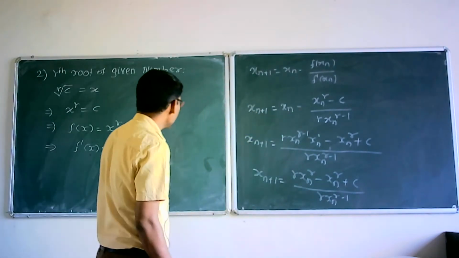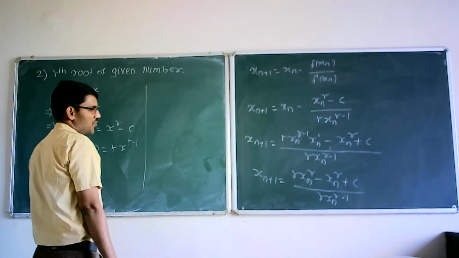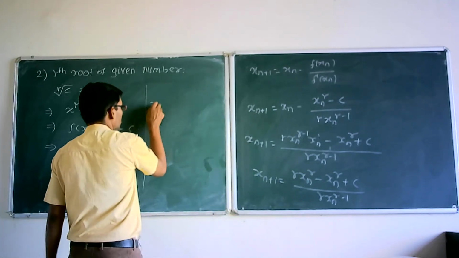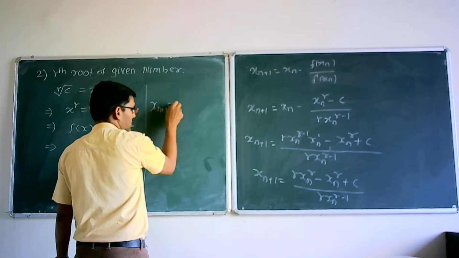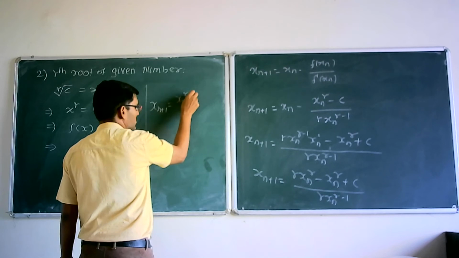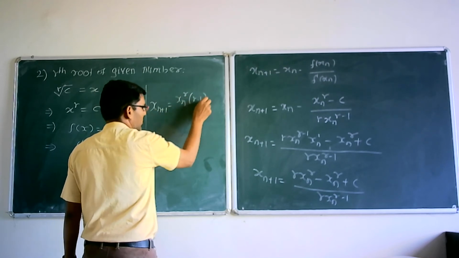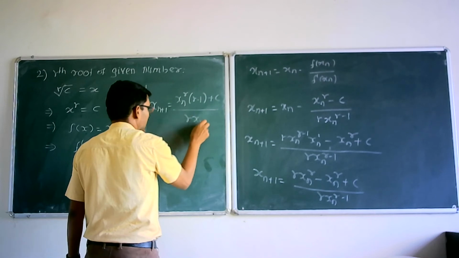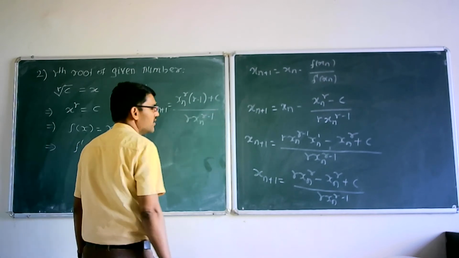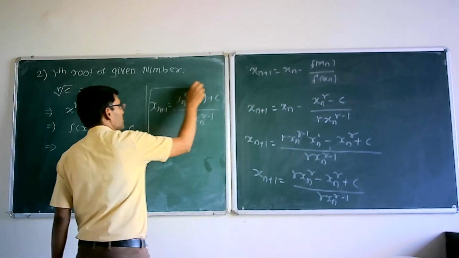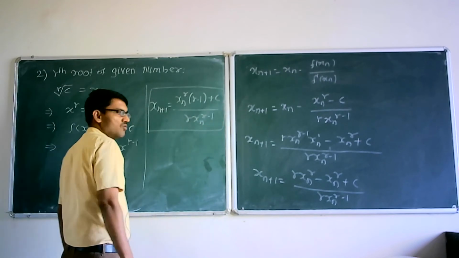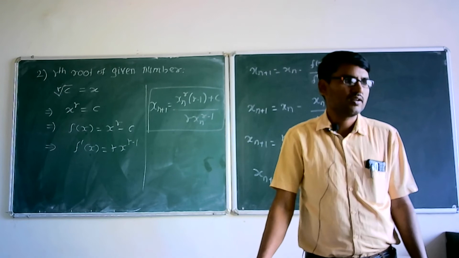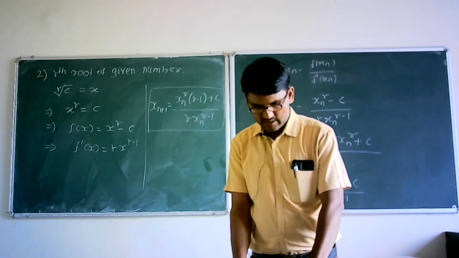Next, if you simplify this, just take this xn^r outside the bracket. So xn plus 1 is equal to xn^r times (r minus 1) plus c, this whole divided by r xn^(r-1). And this is the formula to determine the r-th root of any number.